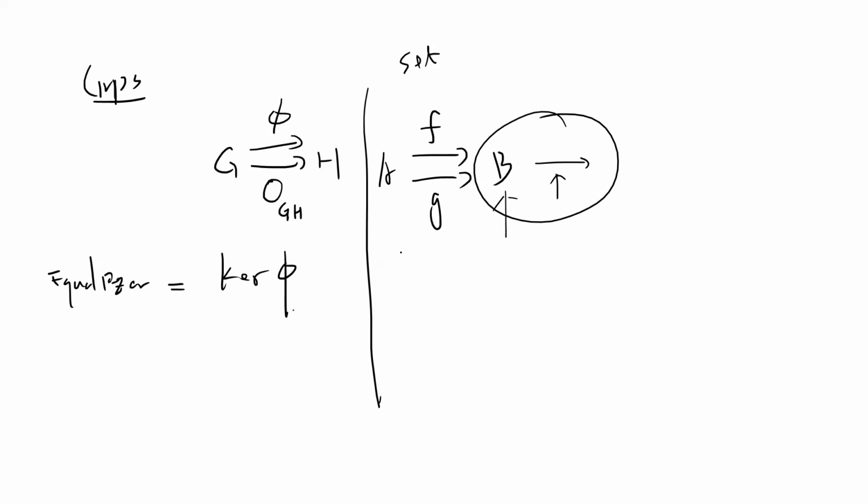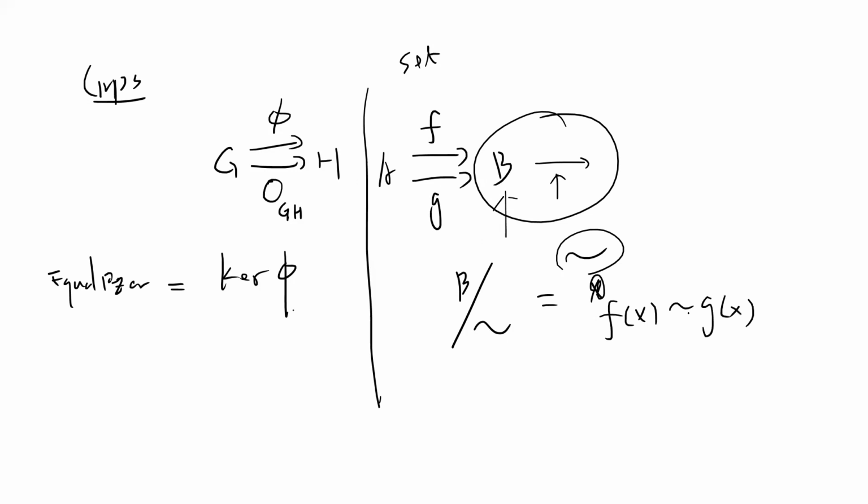So actually, the coequalizer is just B modulo something, where modulo means that in the equivalence class, f of x is viewed as equivalent to g of x.